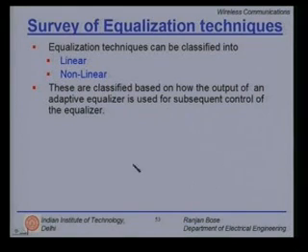So, if we have a feedback loop, if we use the estimate of dk, that is dk hat, and feed it back to update the weights, then we get into the domain of non-linear equalizer. Whereas, if we only have the forward loop and there is no feedback, then it is a linear equalizer. We will soon see that the linear equalizer can be easily implemented as a finite impulse response FIR filter.